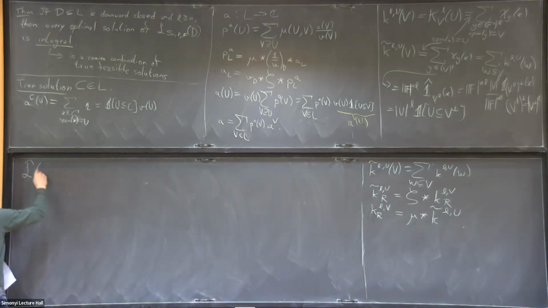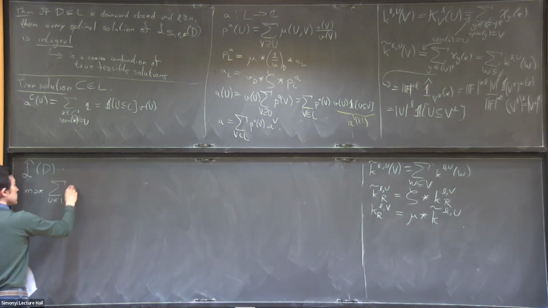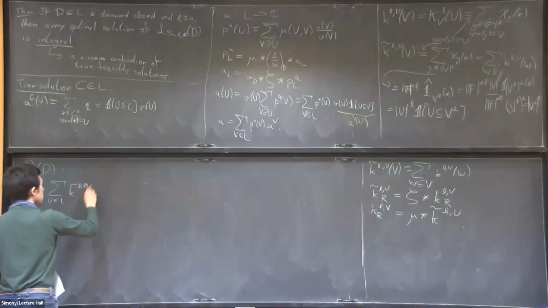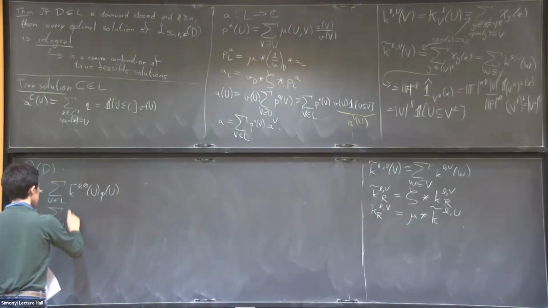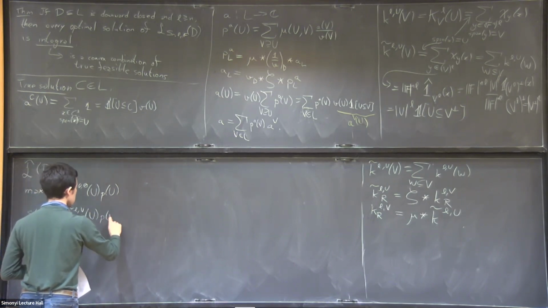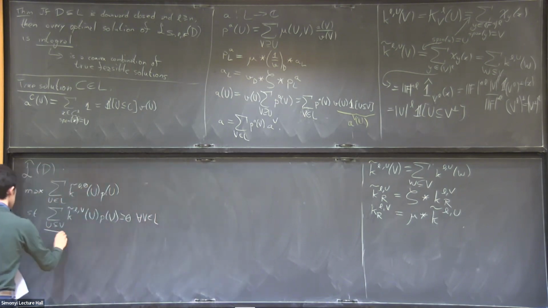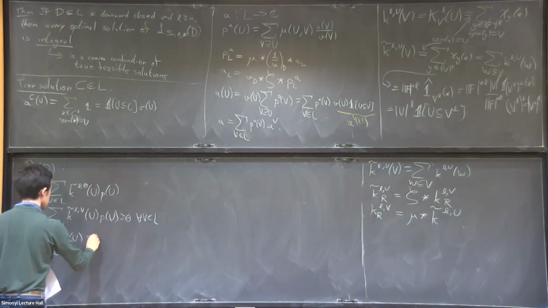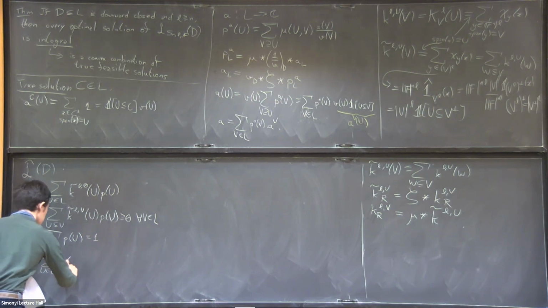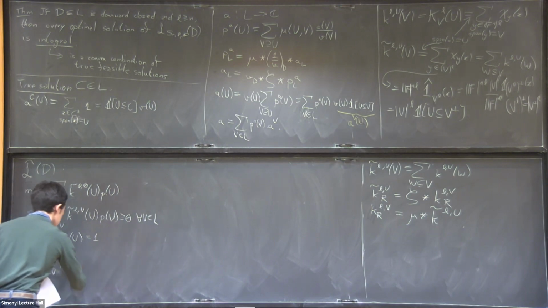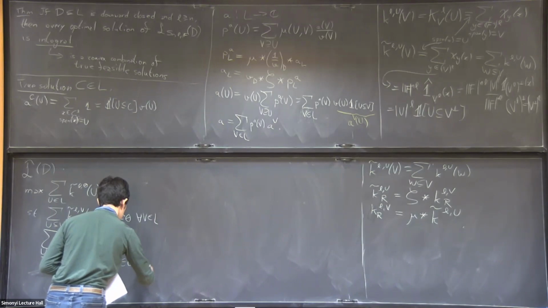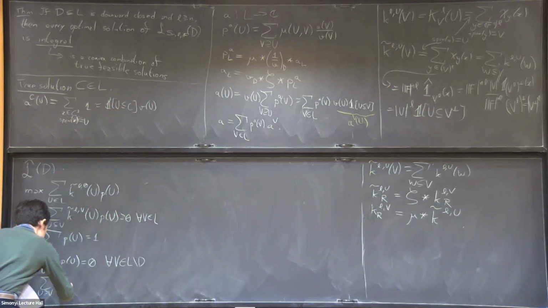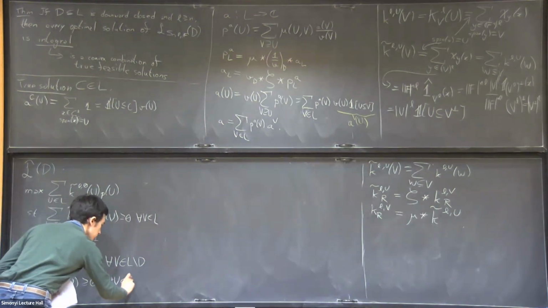Let's consider the L hat, and now I'm going to start being a little bit brief and not writing NL, etc. Let's consider this linear program where I sum over U and L, K tilde LU, L0, sorry, LU, PU, such that the sum over U and V, K tilde LV, U, PU, is 0 for all V, and the sum over U and L, PU is 1. Let's consider this linear program, and what we're going to show is that.